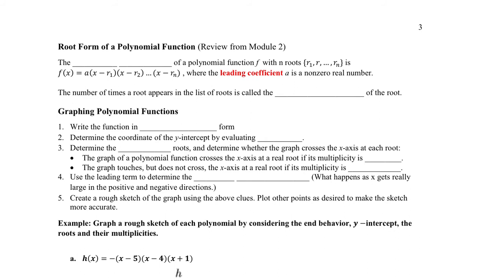So we know that the root form of a polynomial function f with n roots is a times, so remember a is that leading coefficient, a times x minus root 1 times x minus root 2 times x minus root 3 all the way up to x minus root sub n, where the leading coefficient a is a non-zero real number. And then the number of times that a root appears in the list of roots is what we call the multiplicity of the root.